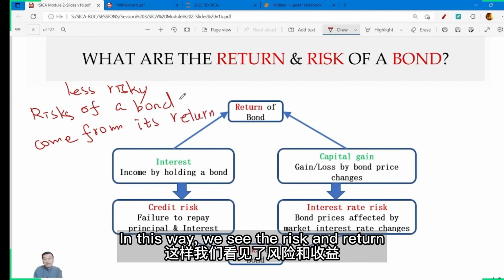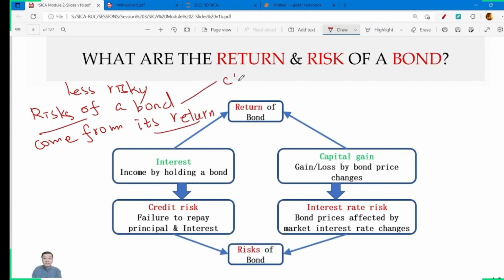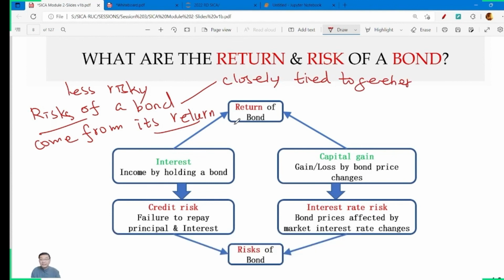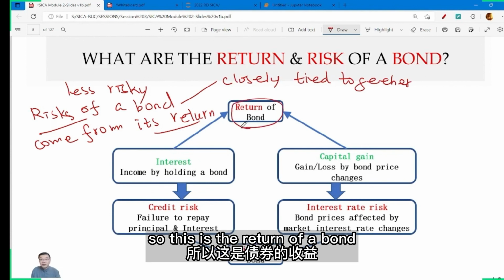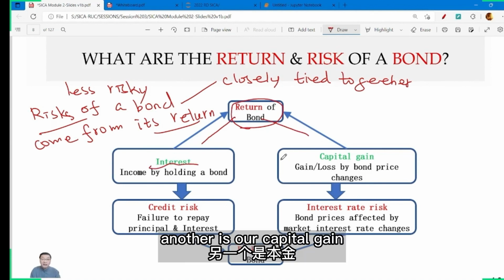In this way, we see that risk and return are closely tied together. Okay. Now let's look at the return of a bond. We have two sources of returns. One is called interest, another is called capital gain.